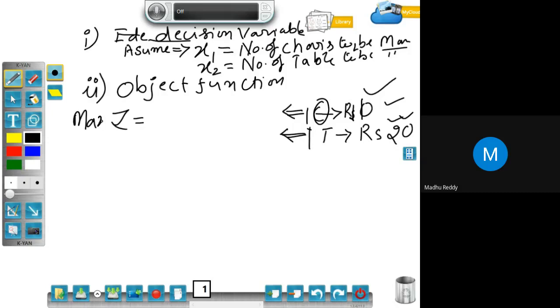He has clearly given that it is a profit function. One chair gets rupees 10 and one table gets 20 rupees of profit. So that is the profit function. Remember, z is to be specified for the objective function.